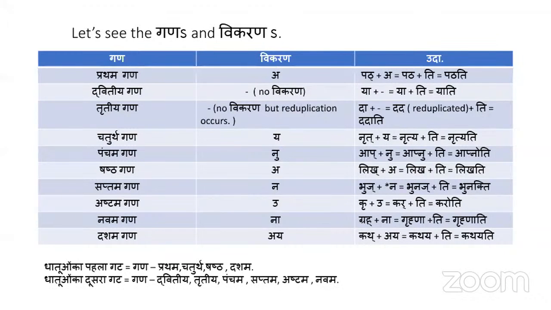Now see Dvitiya Gan. For Dvitiya Gan, there is dash, right? So dash means no vikaran we can add to the Dvitiya Gan roots. See here, example is given. Ya. Ya means to go. Patha means to read.